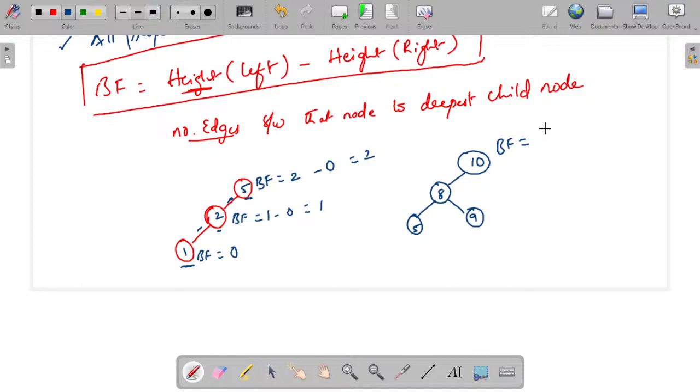So what is the balance factor for 10? You can mention your answers in the comment section.